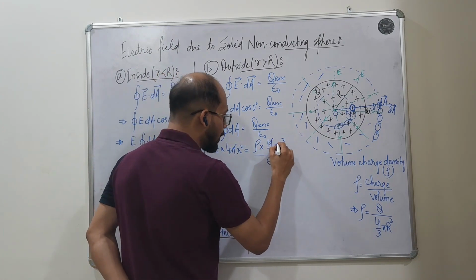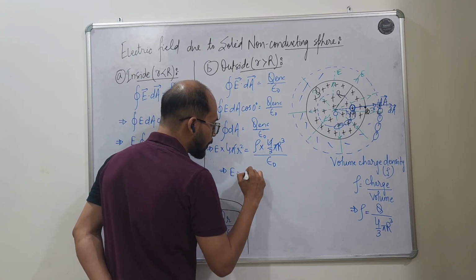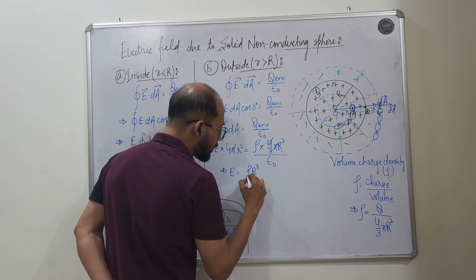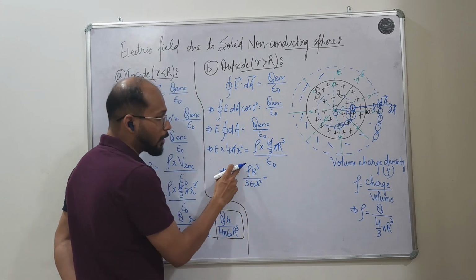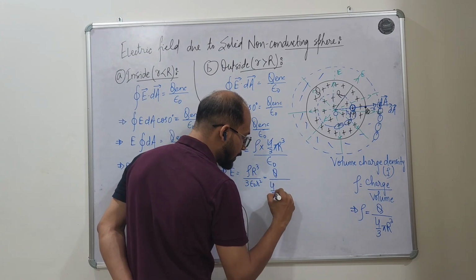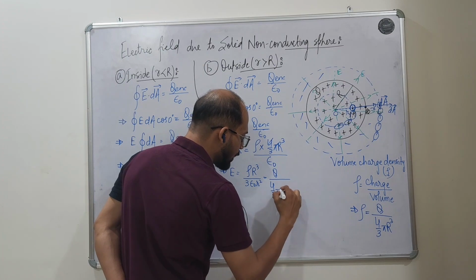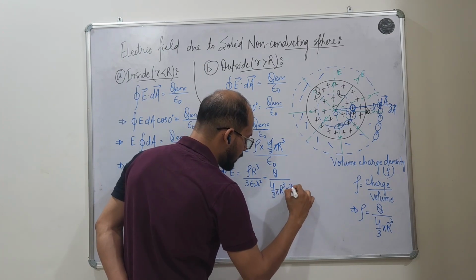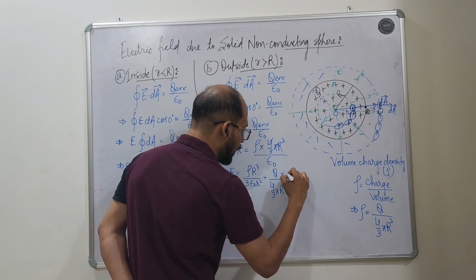So here 4 and 4 pi will be cancelled out and we will get E is equal to rho into r cube divided by 3 epsilon naught r square. And we know that rho we can write as q divided by 4 by 3 pi capital R cube, into 3 into epsilon naught into r square into r cube.